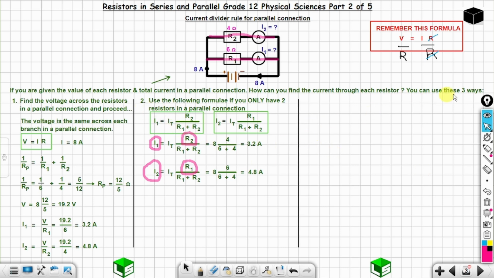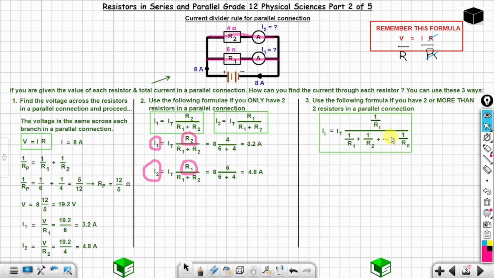Now, the third method. Use the following formula if you have two or more than two resistors in a parallel connection. This formula can be used for 2 resistors in a parallel connection, even 3, 4, 5, and so on. We have 2 resistors, so we can use the following formula.